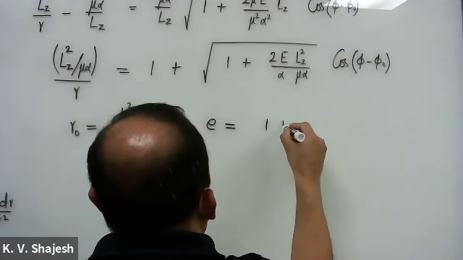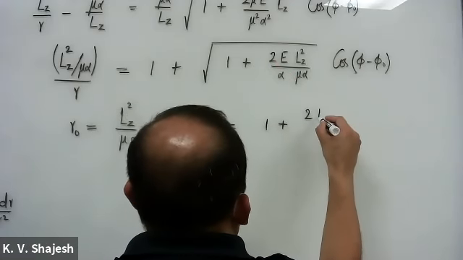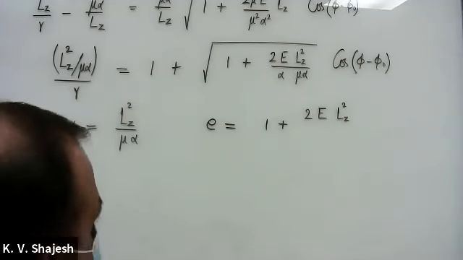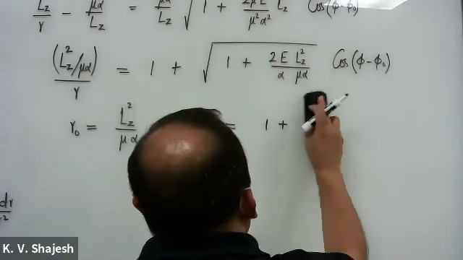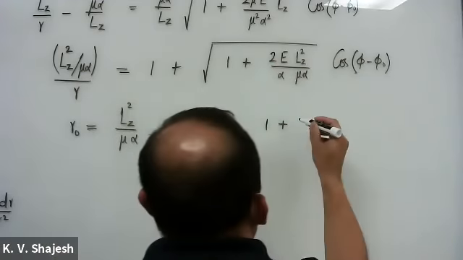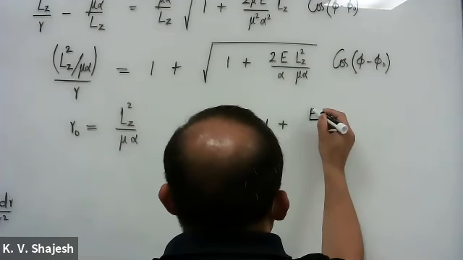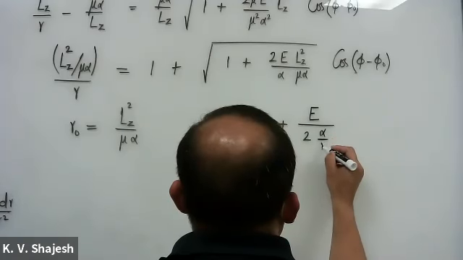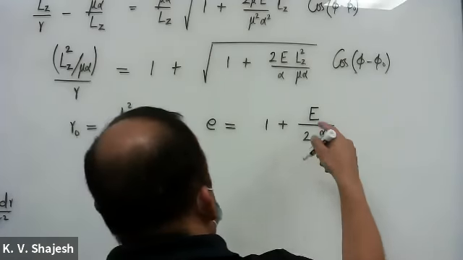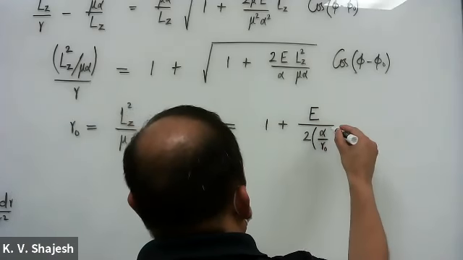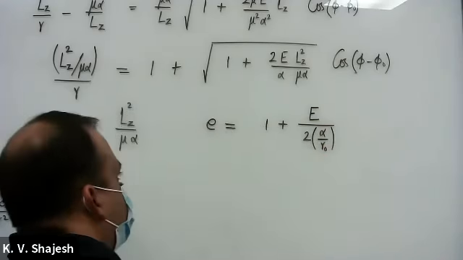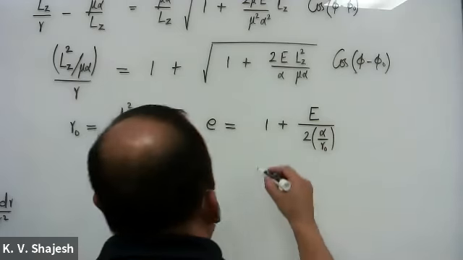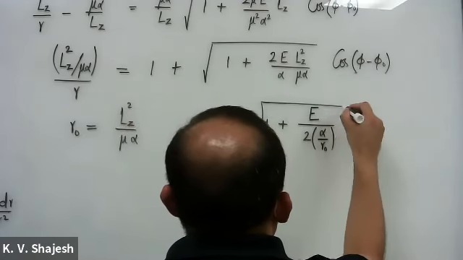As of now, it is just a constant. And this is R naught, right? So now I can write this as E over R naught, divided by 2 times alpha over R naught. And this is a special position, and at that point, whatever is the potential energy due to gravity is what that constant is from.